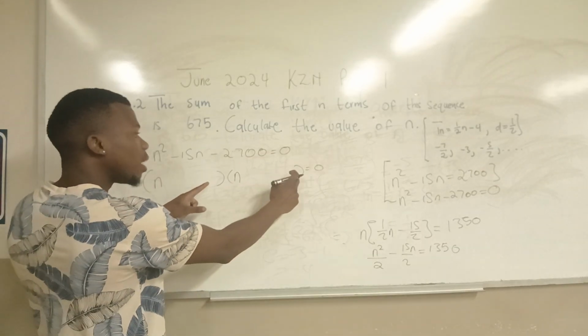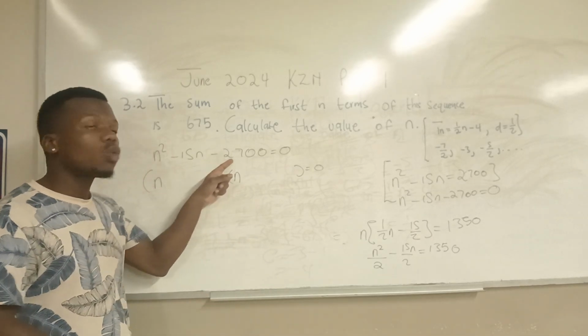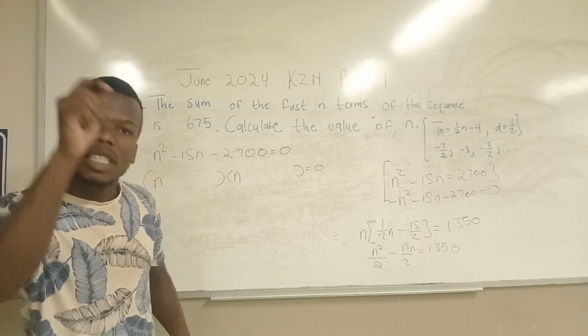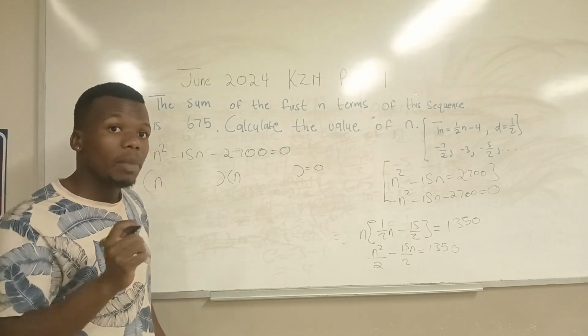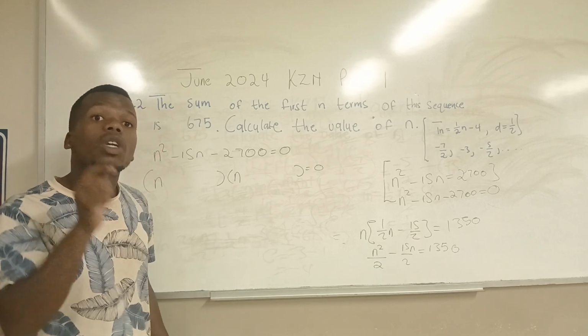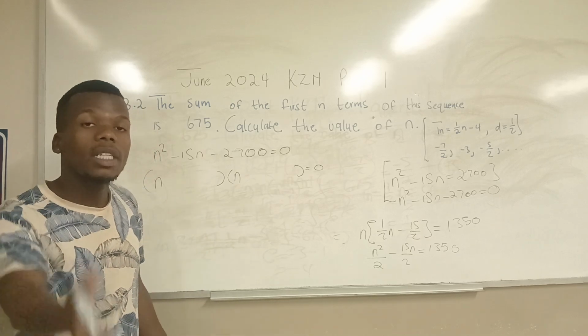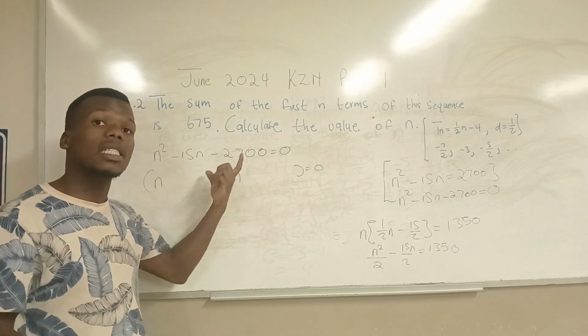Then the last two terms, when I multiply them, must give me minus 2700. But when I add or subtract those terms, they must give me minus 15n. What you can do is use your quadratic formula and substitute to get these factors.